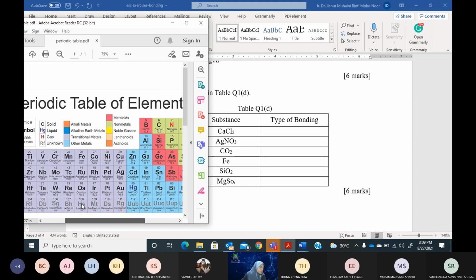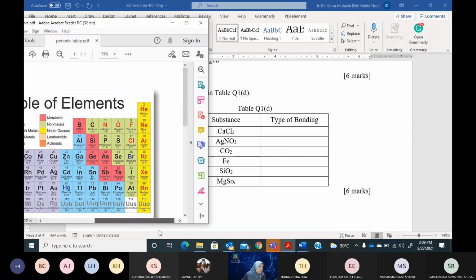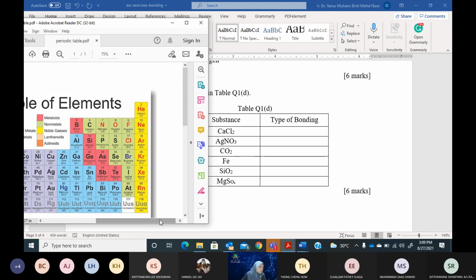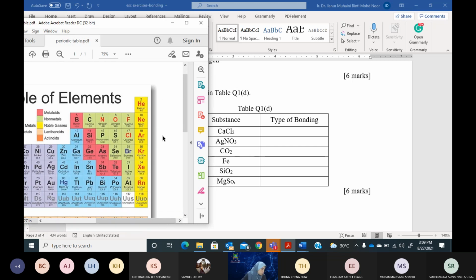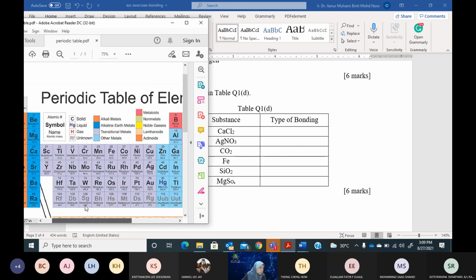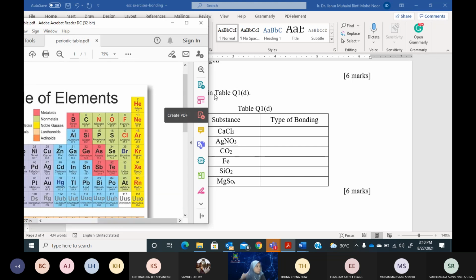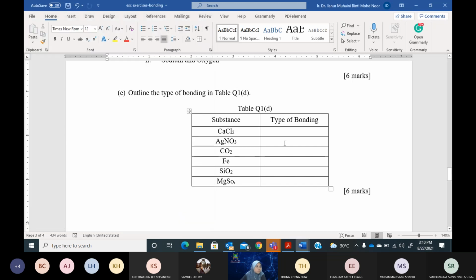Okay, so we check in the periodic table. Ag here, transition metal, Ag is metal. And then NO3, non-metal. Nitrogen and oxygen. Okay, ionic also for number 2.